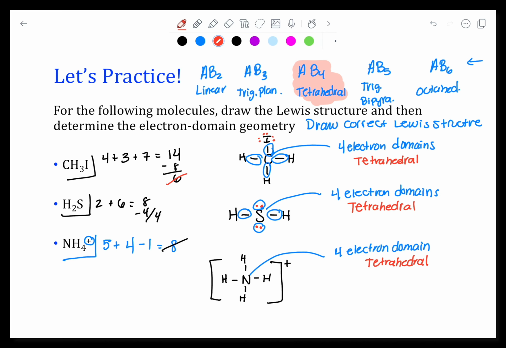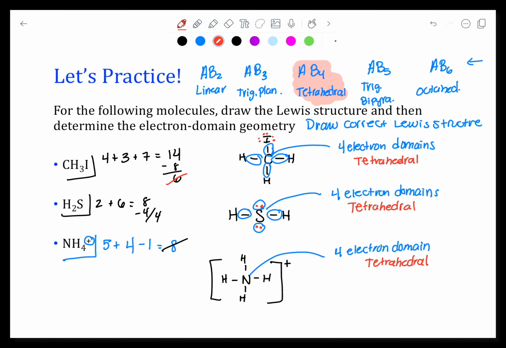Okay, so it doesn't matter if it's an ion. The fact that it's an ion doesn't affect its structure. In terms of its geometry structure, it'll affect the Lewis structure, obviously. We talked about that previously, because it'll change our number of electrons. But in terms of the geometry, the fact that it's an ion doesn't affect it either. Okay, so we have 4 different examples of molecules that all have tetrahedral geometry, 4 electron domains, that all look a little bit different.